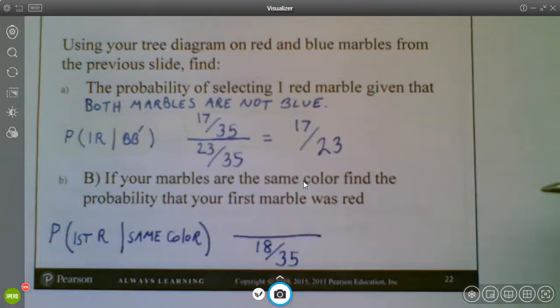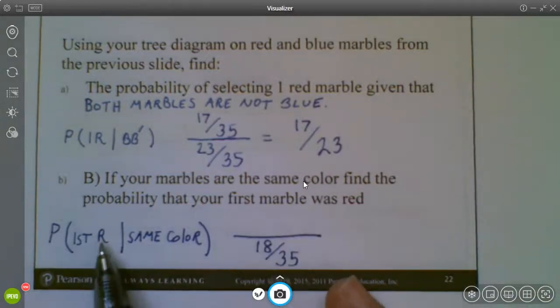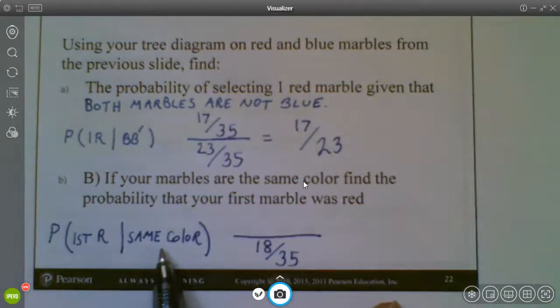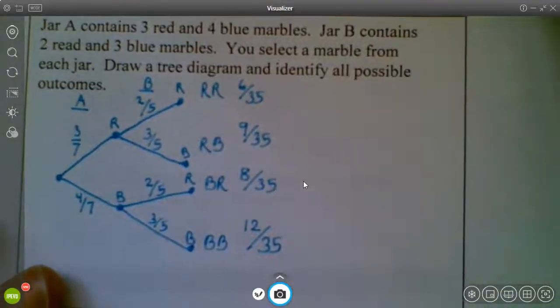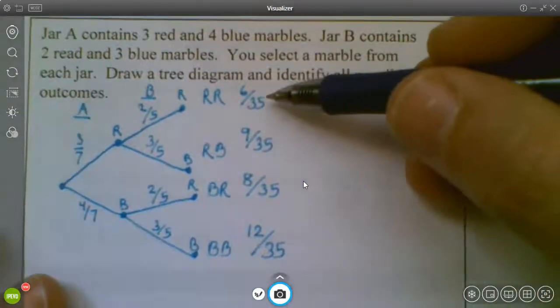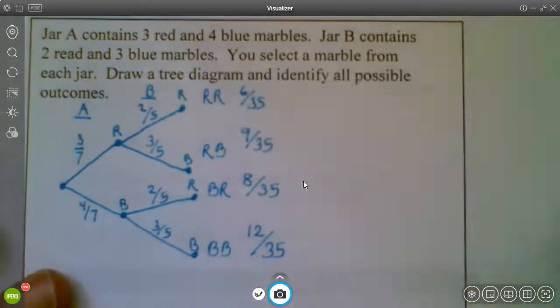If that's my sample space, that means my numerator has to come from those cases. That's why they throw in the word and, right? It can only come from one of those two cases that I just identified. So as far as the numerator, the first one's got to be red, and they've got to be the same color, because that's my sample space. Where do we see that one? Here's the only case where the first one is red and they're the same color.